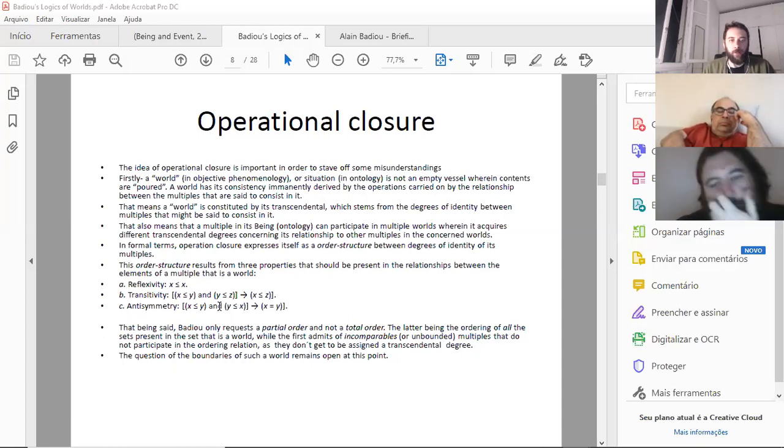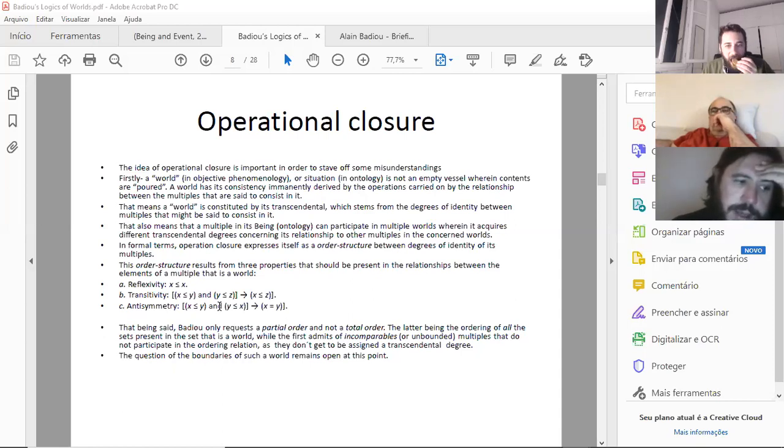So this is why you have a partial order, not a total order. Even though they are in the same world, the same transcendental, some multiples get to participate in the same criteria of measurement, while others don't.